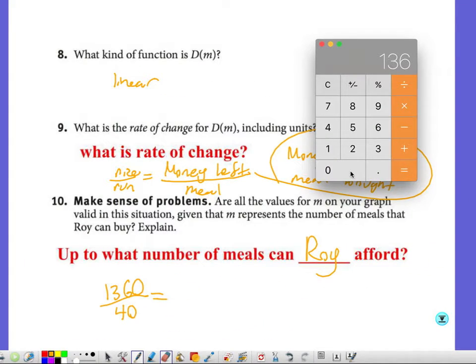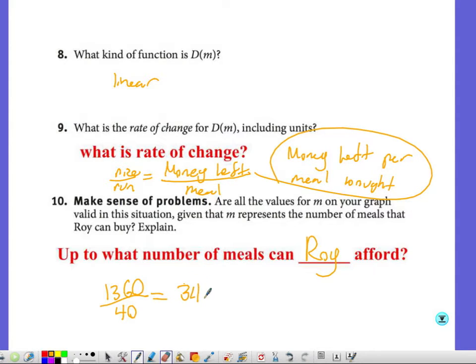1360 divided by 40, and we're lucky here, it comes out to a whole number. We have 34 meals that Roy can buy. If he buys exactly 34 meals, Roy is going to spend all his money and have none left over.